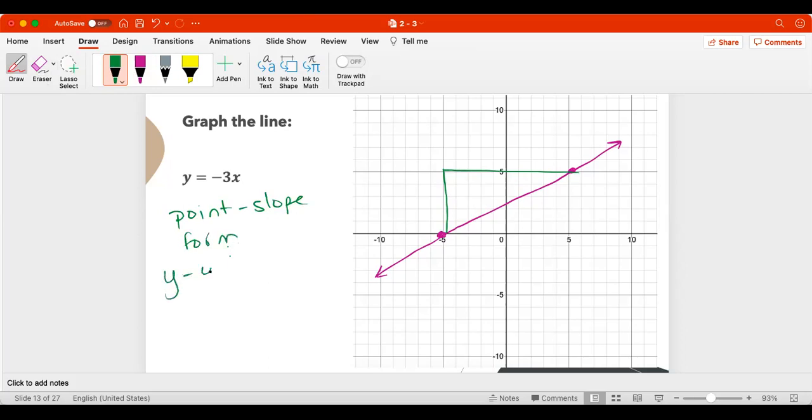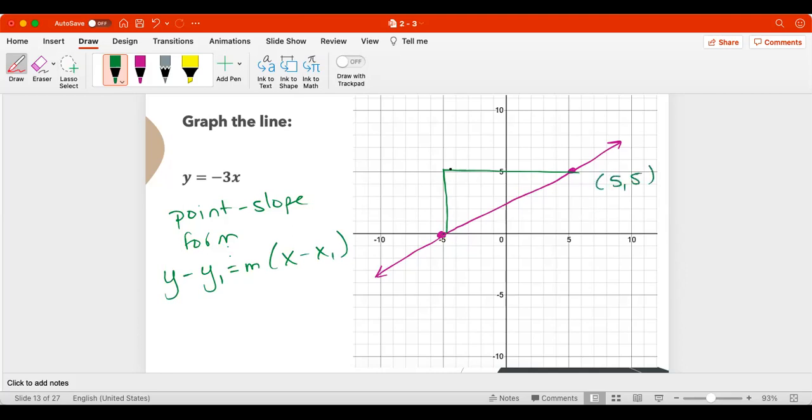is y minus y1 is m x minus x1. And what you need for point slope form is you need a point and you need the slope. Or you can have 2 points, because if you have 2 points, you can calculate the slope. So I'm going to tell you what the equation of this line is right here. We have a point. You can choose either one of these points. Maybe we'll go with this one, which is 5, 5. That's a point.